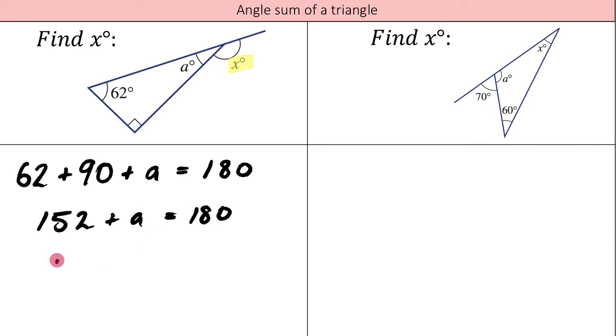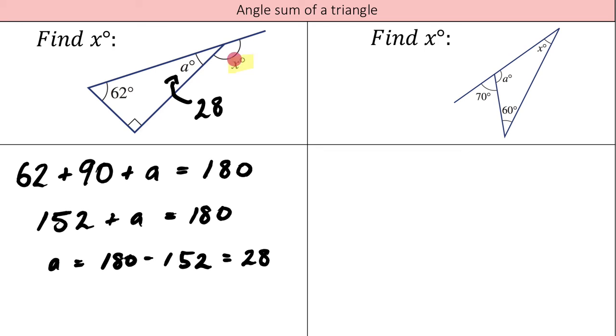So my A is going to be 180 minus 152, which is equal to 28. So this A value is going to be 28.